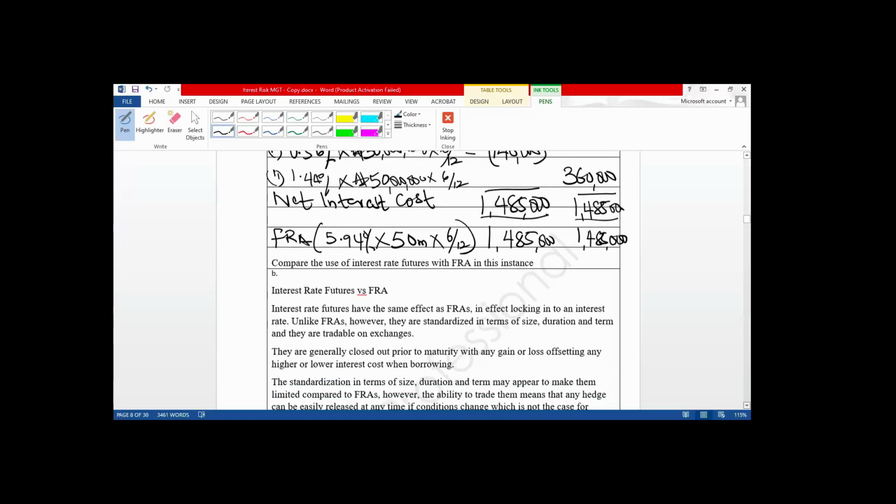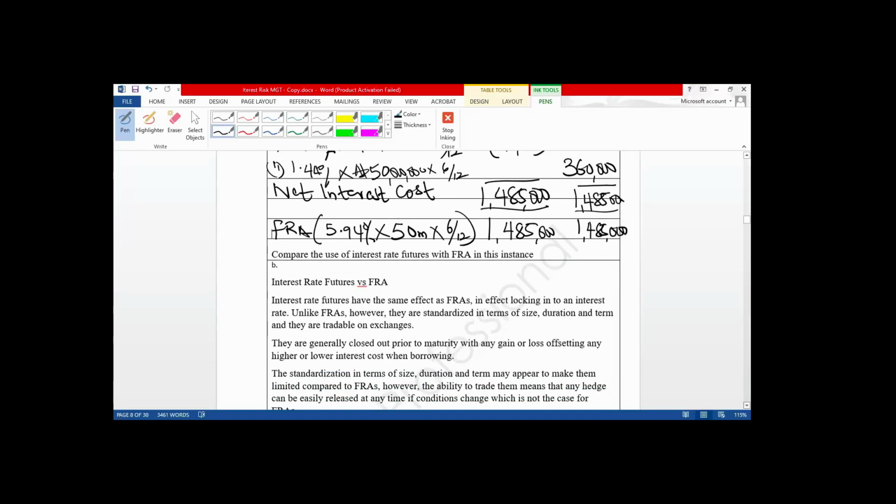Examiner says, compare the use of interest rate futures with FRAs in this instance.